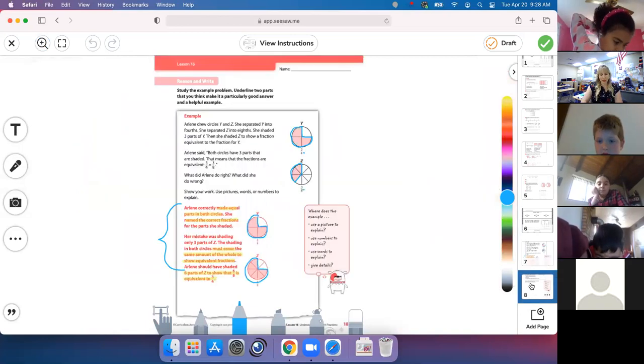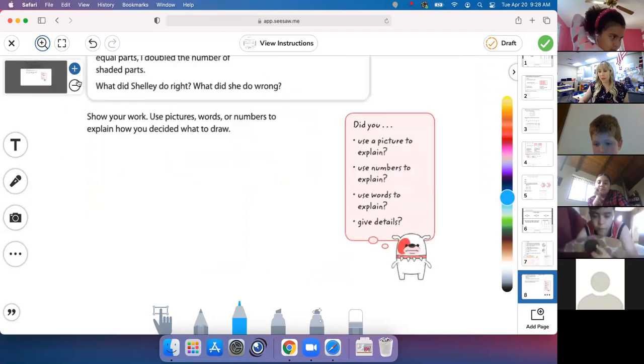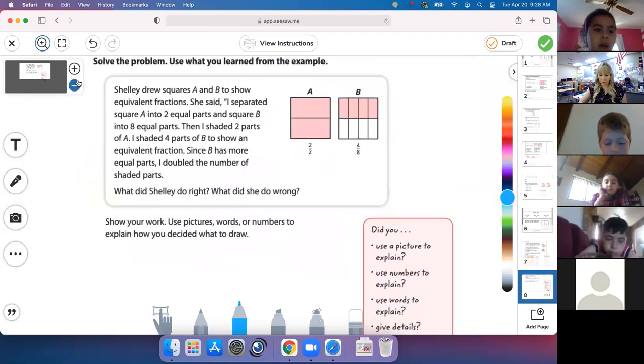All right, let's look at page 8. So now there's a big word problem here for us to solve. It says, solve the problem. Use what you learned in the example. Shelley drew squares A and B to show equivalent fractions.